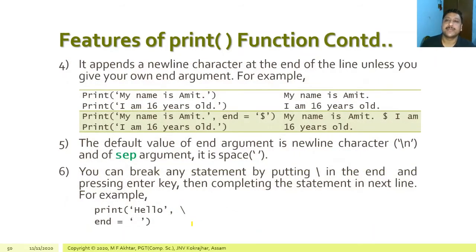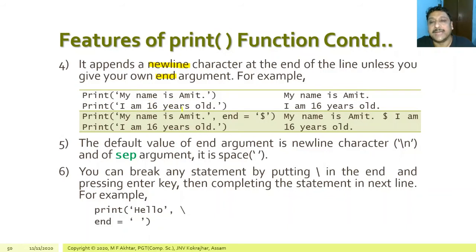Another feature: it appends a newline character at the end of the line unless you give your own end argument. Newline character means if you give more than one print statement, then each print statement will display the output on separate lines.